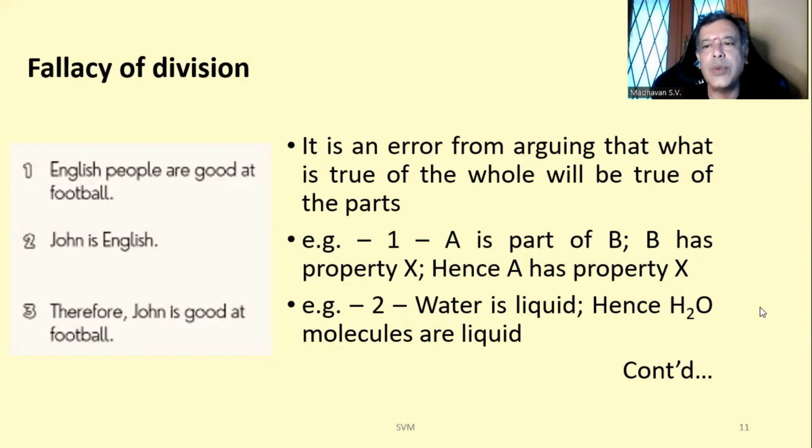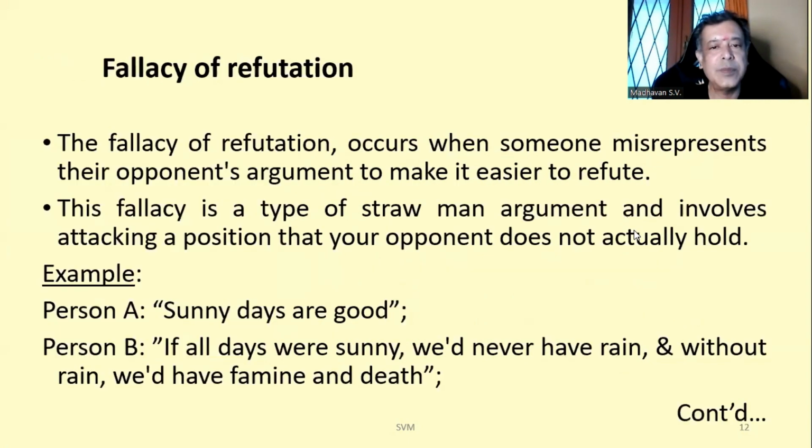Hence, H2O molecules, meaning hydrogen and oxygen, are also liquid. If you argue like that, because water is liquid, that the whole is true, the parts cannot be liquid. The parts cannot be true. But if we consider that, then it becomes a fallacy of division.